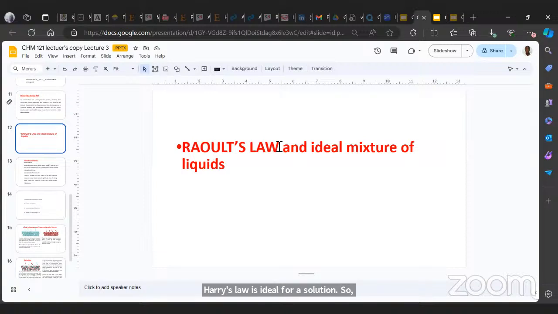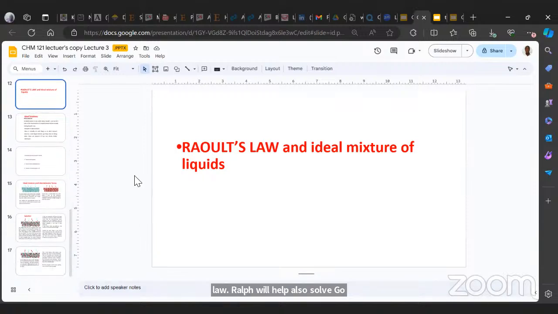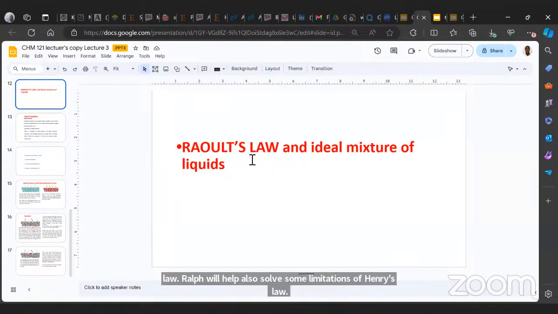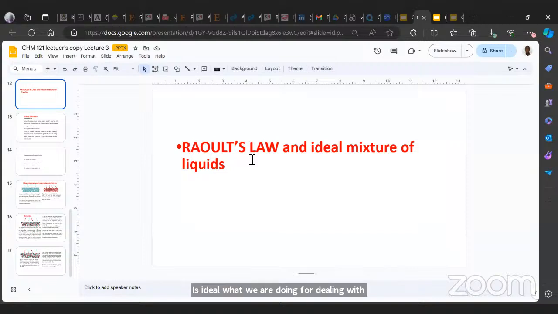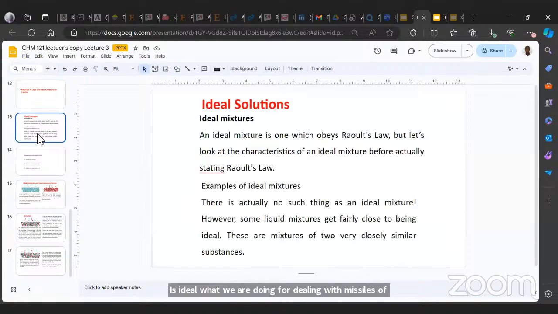So this leads me to Raoult's law. Raoult's law helps us to solve some limitations of Henry's law, and Raoult's law is ideal when we are dealing with mixtures of liquids.